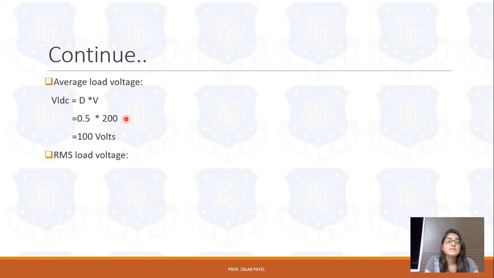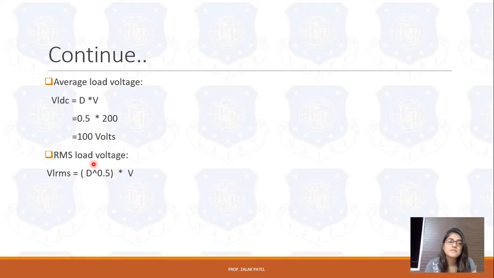For the third answer, the RMS load voltage. For the RMS load voltage you can use this equation, or you can also write the equation in integration terms.